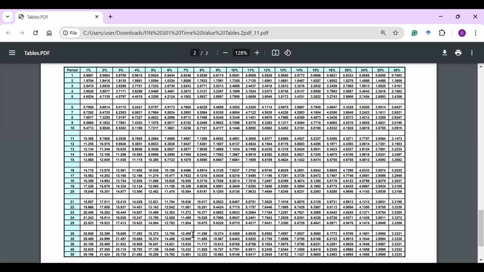You can see this one, 11.258, and the percentage is 8%. Here it is the column. So what we did, we simply highlighted 30 years, and our factor was 11.258. This 11.258 is on 8%. So 8% would be your rate of interest in this case.